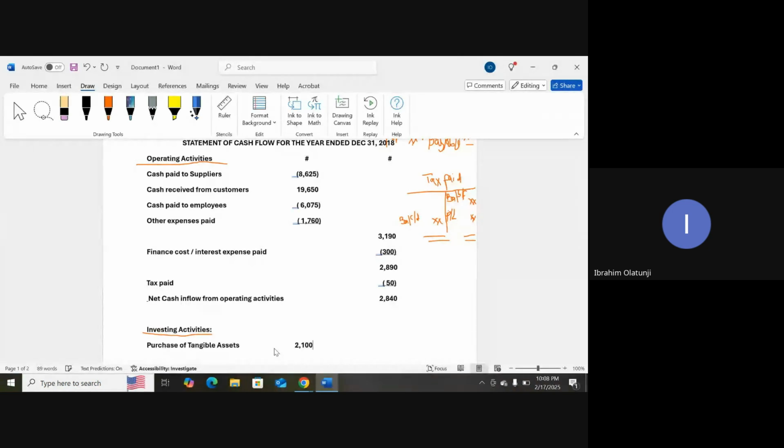But in case the examiner didn't give you the value directly, you have to do workings for that. Automatically, the examiner will give you some information that you need: the opening balance of the asset, closing balance, depreciation, if there is a revaluation, if there is disposal. Then you do the adjustment, and the difference will be the amount that you paid to purchase the asset.